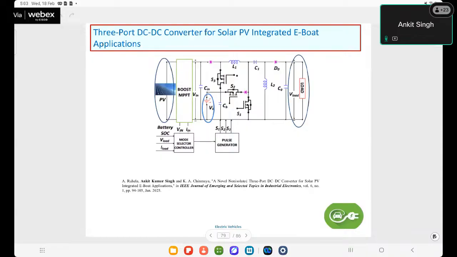If it is completely a solar based electric boat, we have to design the solar PV modules so that the required amount of power can be generated.